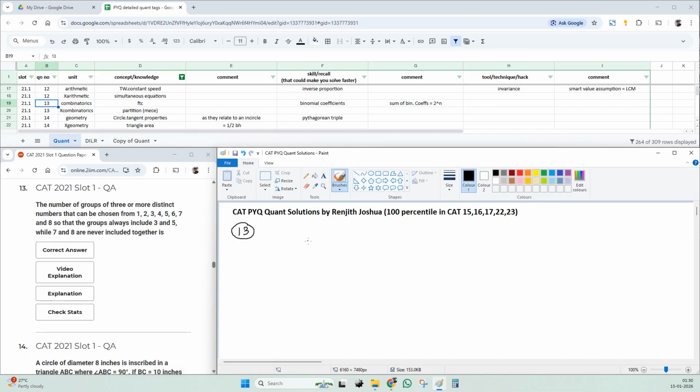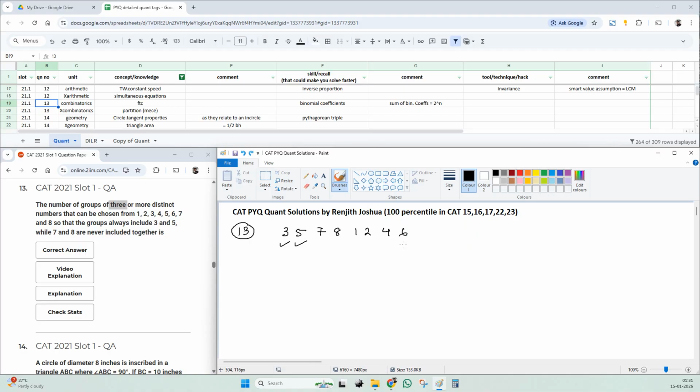You have to select 3 or more. You don't know the exact number of items you have to select, but there is a lower limit of 3, out of which 3 and 5 are always included, which means we can actually remove that from the problem and solve for the rest. 3 and 5 are always included, so that's 2 of the minimum 3, which means out of the remaining 6 I have to select at least one more.